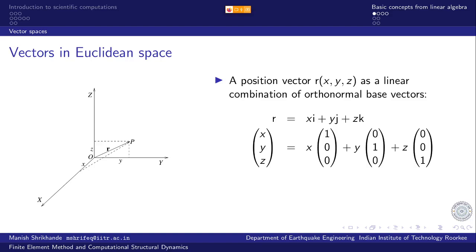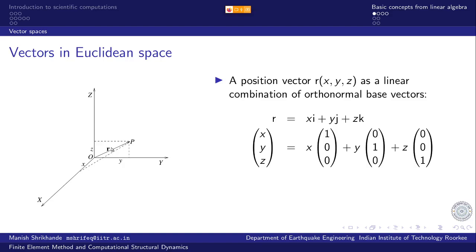That is x times i plus y times j plus z times k. i, j and k are the unit vectors along x, y and z directions. So essentially, x is the scaling factor for unit vector i, y is the scaling factor for unit vector j, and z is the scaling factor for unit vector k. And if you add all these three together, that gives you this particular position vector r.